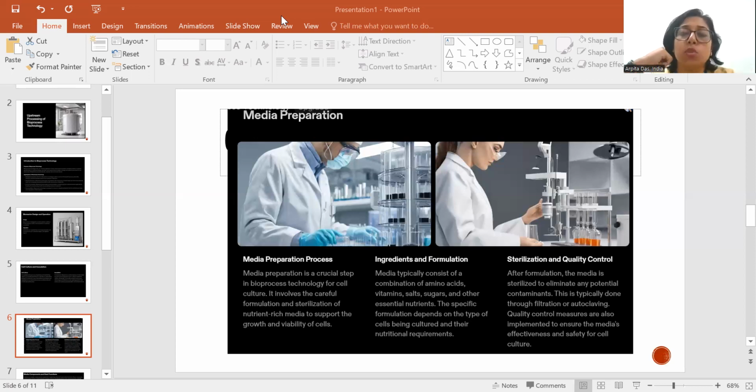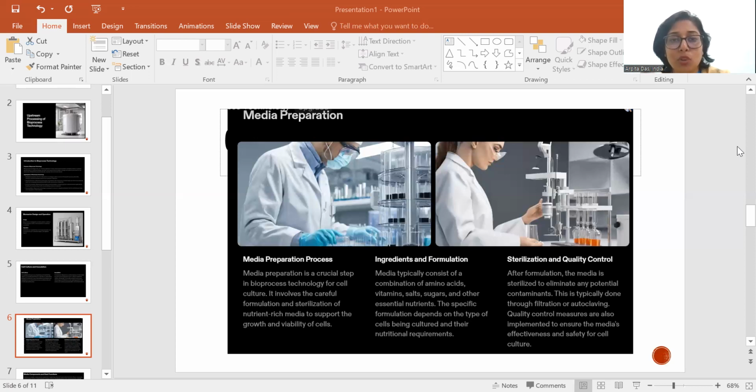Now, certain growth factors are also added to formulate a media. Now, what is a growth factor? Growth factors are those materials which are required by the bacteria, but the bacteria are unable to produce them on their own. So those things are called growth factors. So microorganisms require them, but they cannot create or produce them.